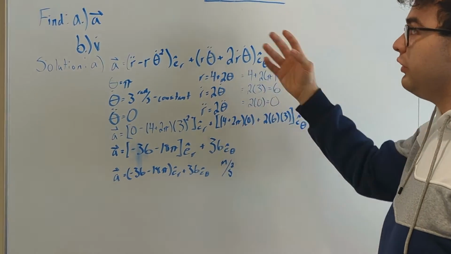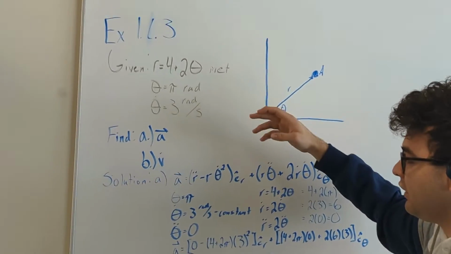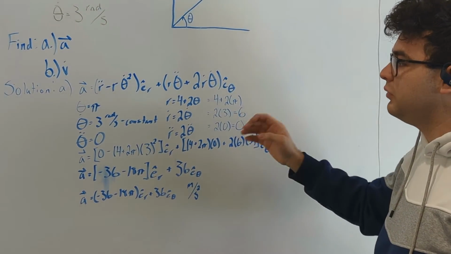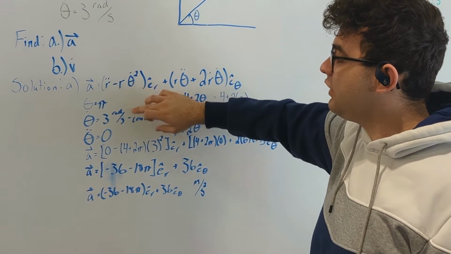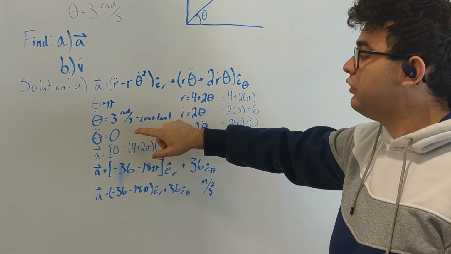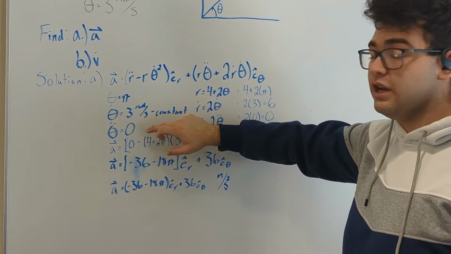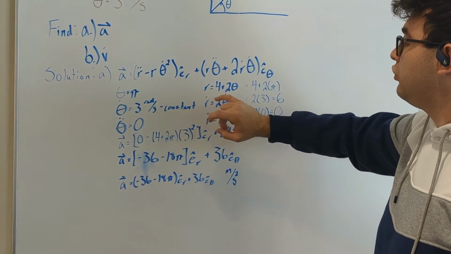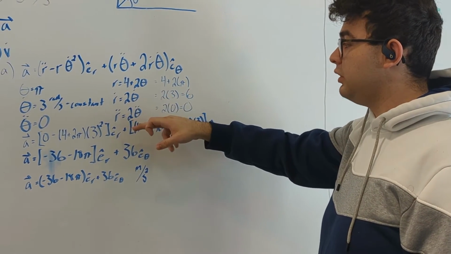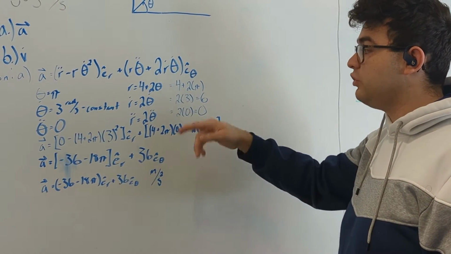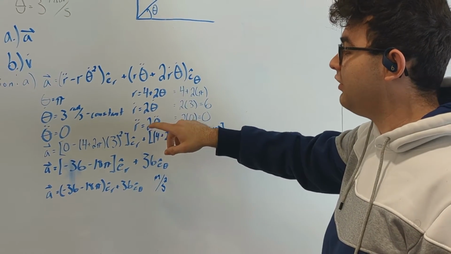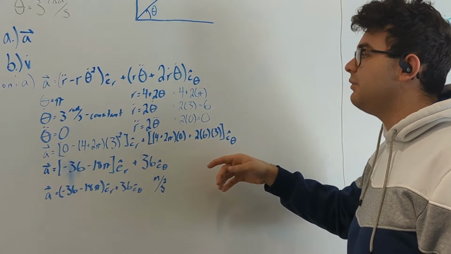Using the given information, we can find the theta, theta dot, theta double dot, and r values. We have theta equals pi, and theta dot is 3 radians per second, which is a constant, so that makes theta double dot 0. For r equals 4 plus 2 theta, r dot is 2 theta dot, and the derivative of that is r double dot equals 2 theta double dot.